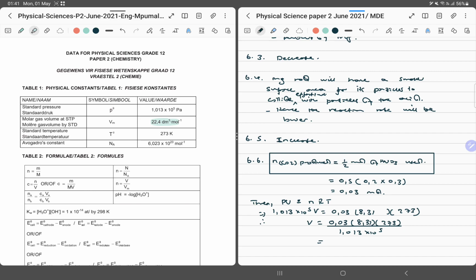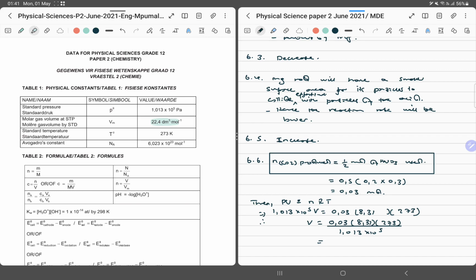Nice and easy. Because this is per Kelvin, this is times Kelvin, so they go out. So let's do it. 0.03 into 8.31 into 273 divided by 1.013 times 10 to the 5.